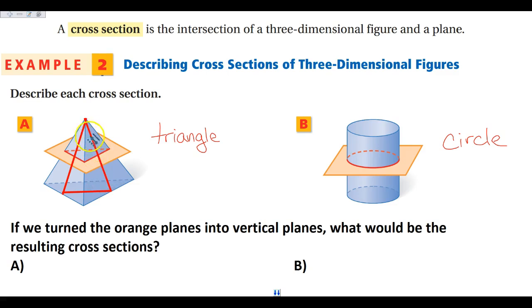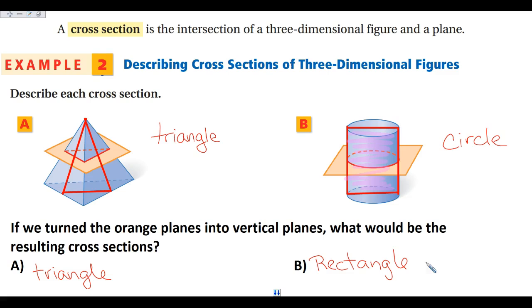What shape do we create here? We are still creating a triangle. If I cut my cylinder right down the center, down the sides, I'm creating a rectangle.